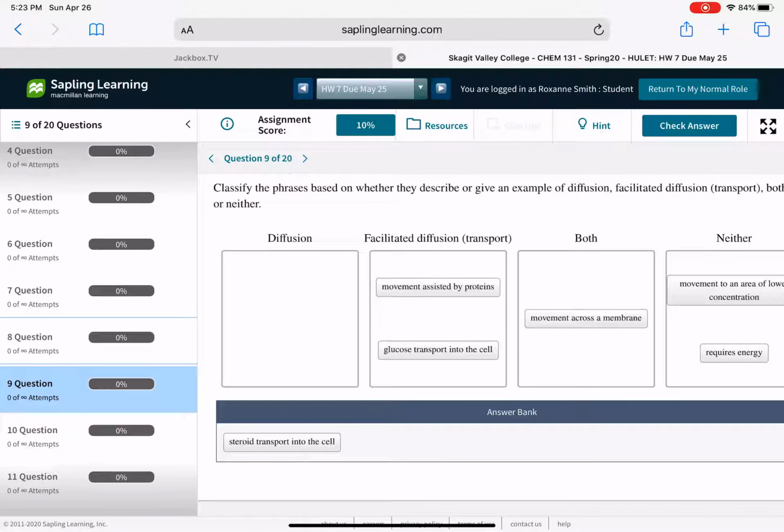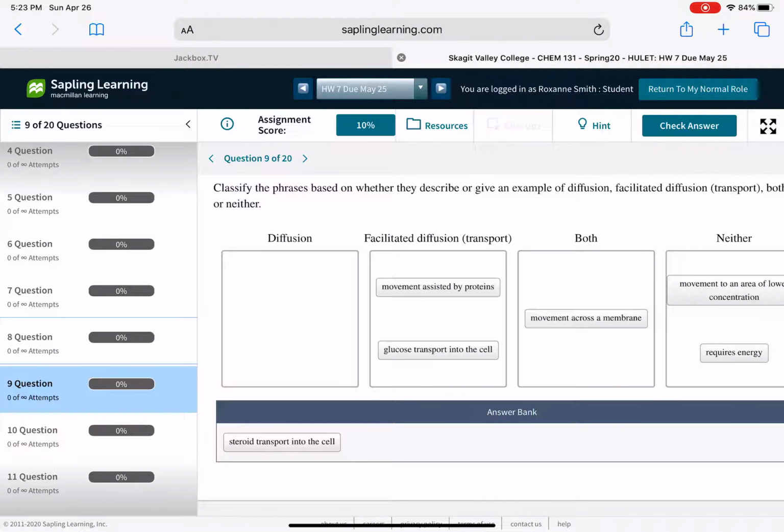Steroid transport into the cell. Now that one is kind of tricky to me, because steroids are big molecules. And so in our notes, we talk about how facilitated transport is used for big molecules, and simple diffusion is used for small molecules.